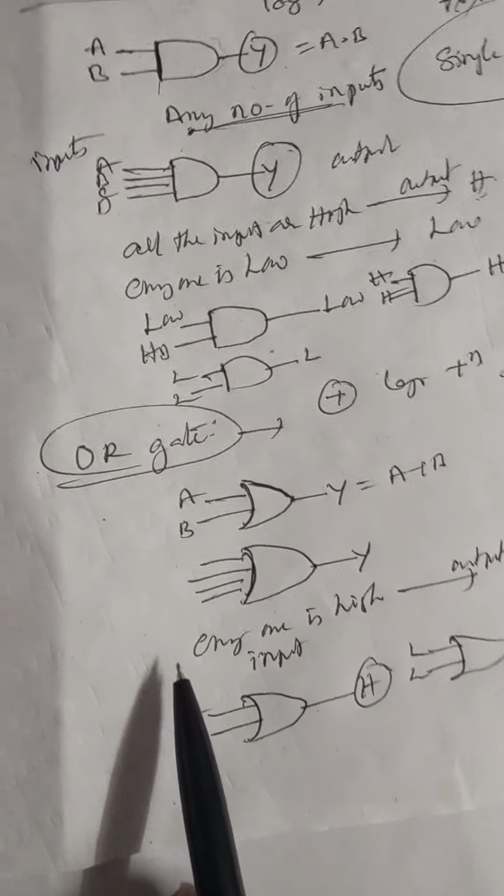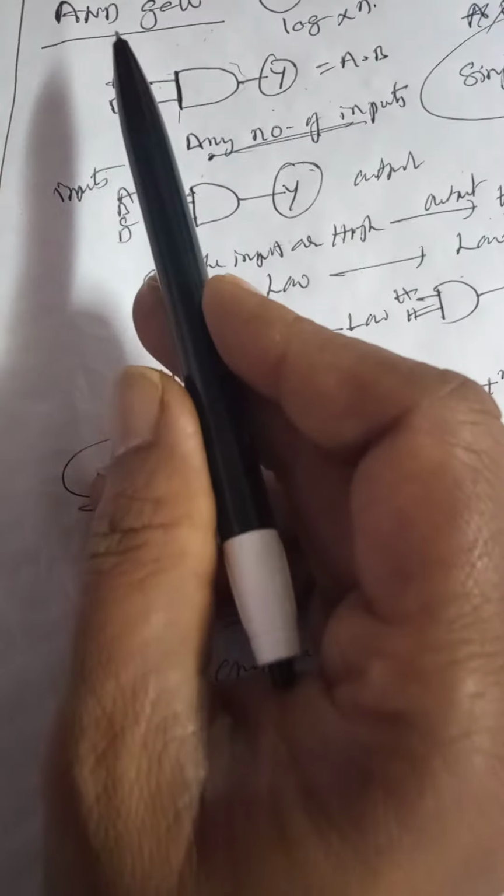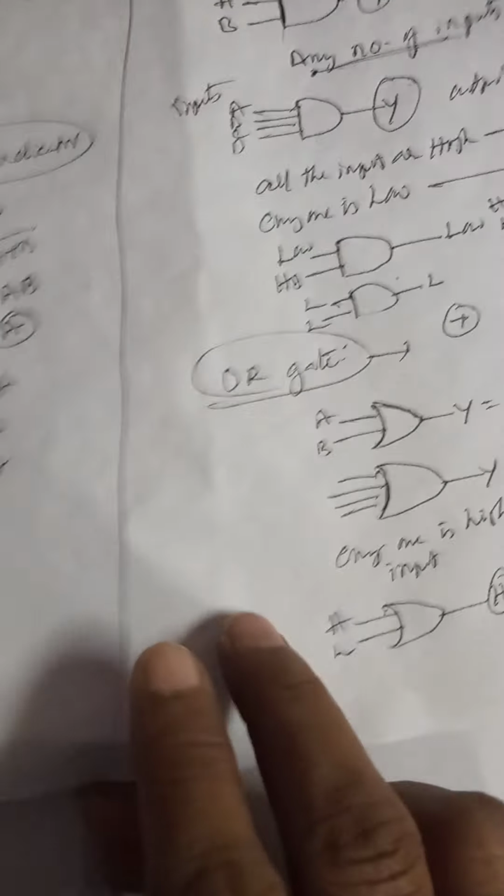When both are low, the input is low, and the output is also low. If any one of the inputs is high, then the output is also high. This is called the OR gate. This is the representation of the OR gate. This is called the AND gate, right?